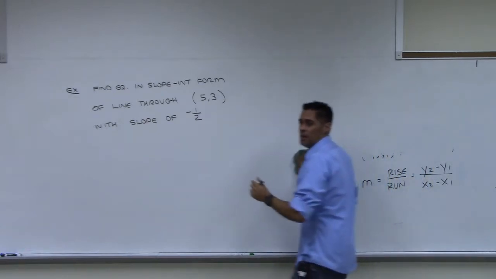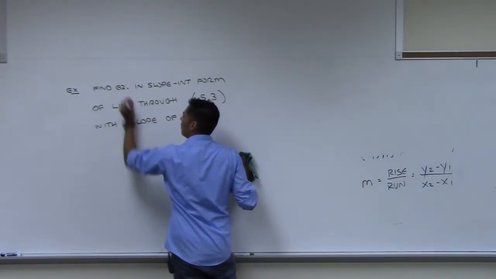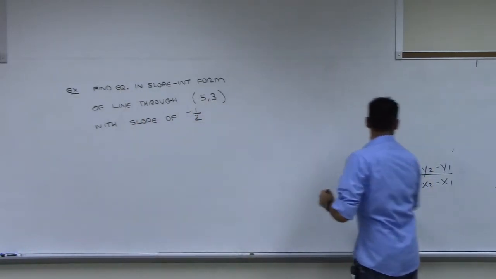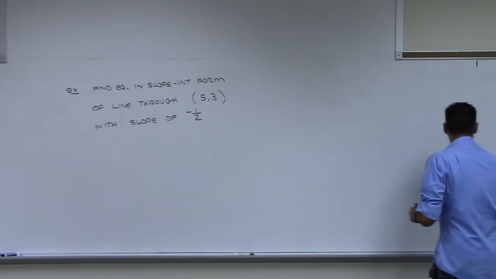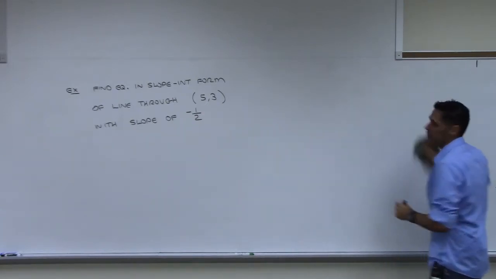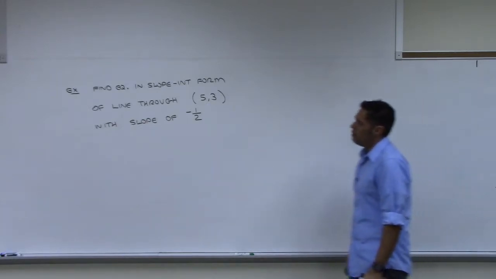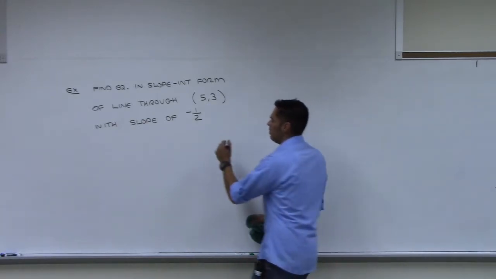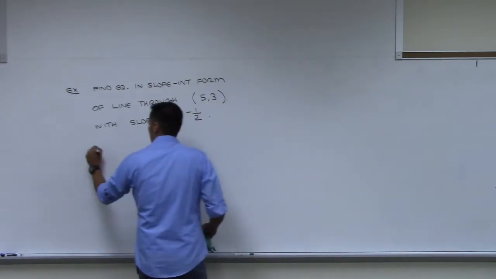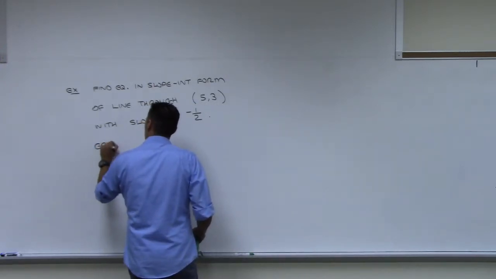I'm abbreviating equation as EQ here. If you ever have any questions on my abbreviations, just stop me. Find the equation in slope-intercept form of the line through this point and given this slope, and then graph it.